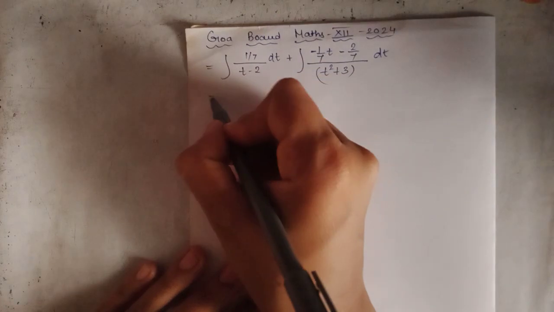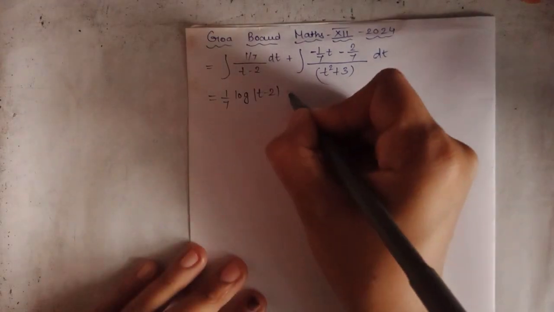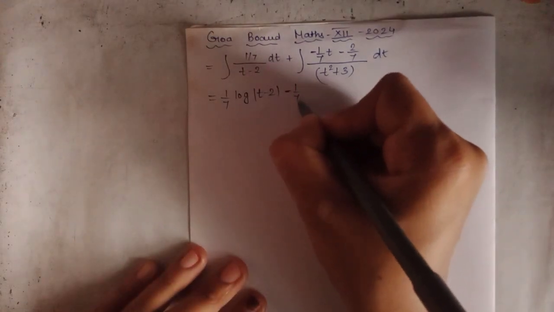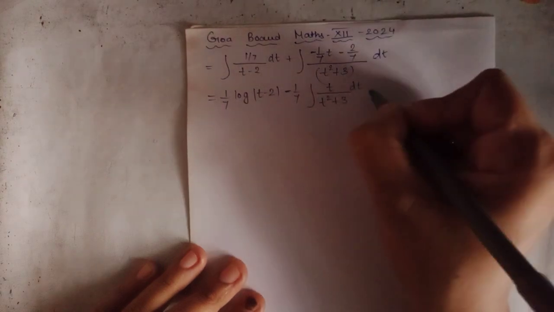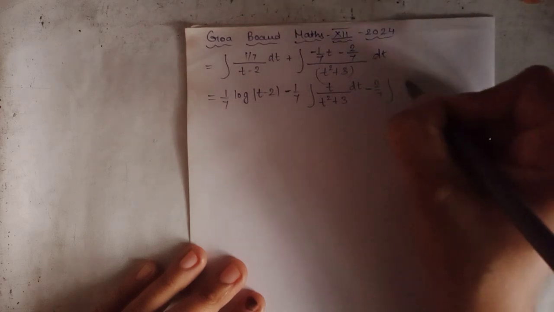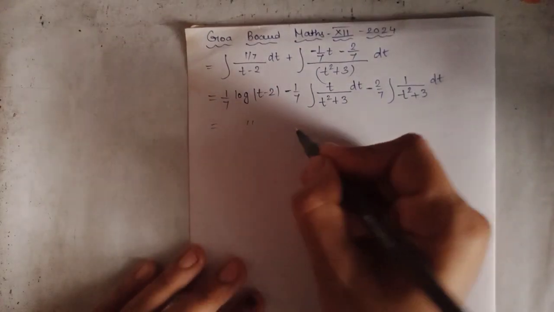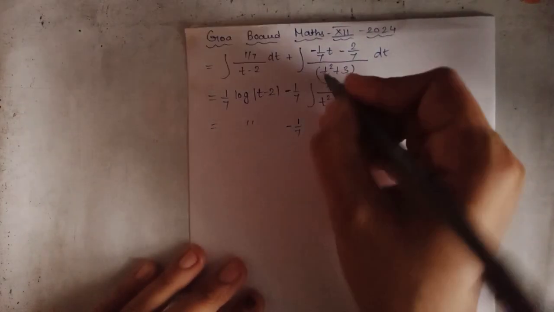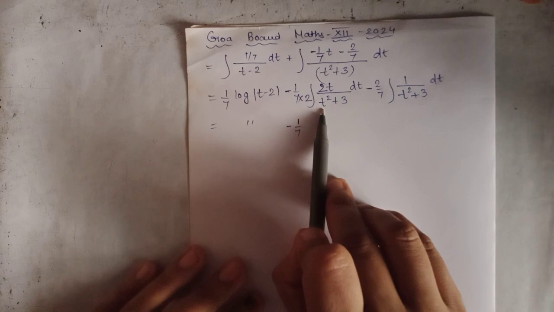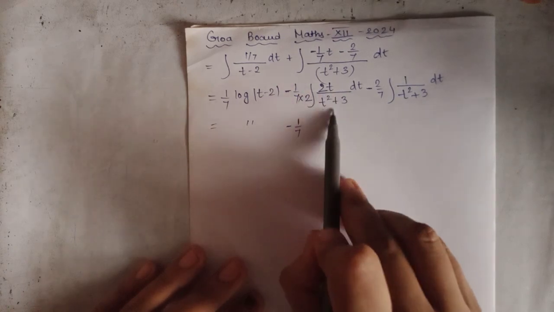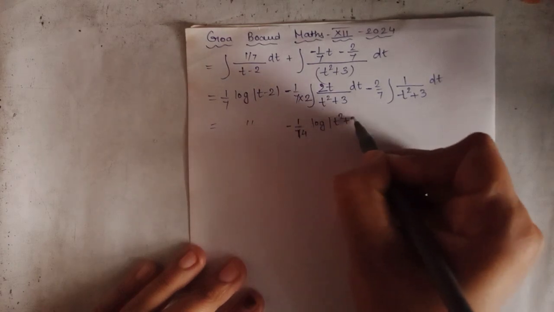So this becomes 1 by 7 log |t minus 2|, then minus 1 by 7 integral t upon t square plus 3 dt minus 2 by 7 integral 1 upon t square plus 3 dt. Here you can multiply and divide by 2 so that the derivative of the denominator is 2t, so you can write 1 upon 14 log (t square plus 3).